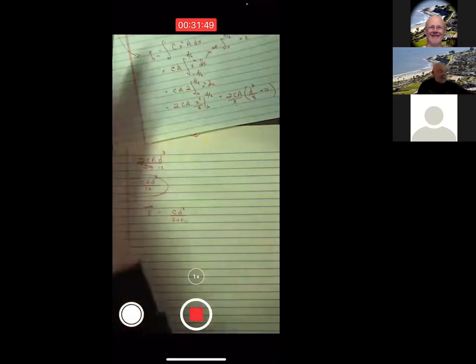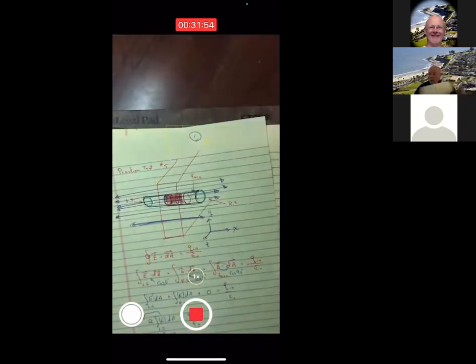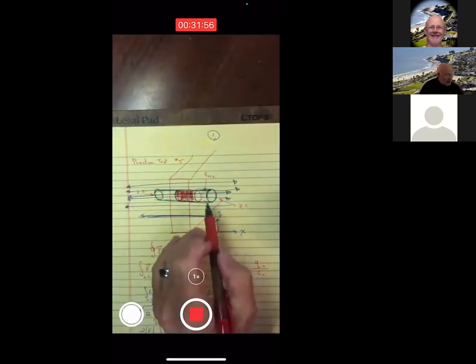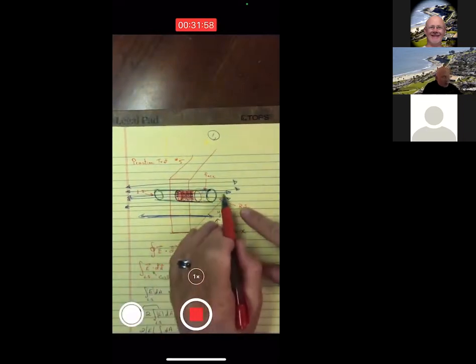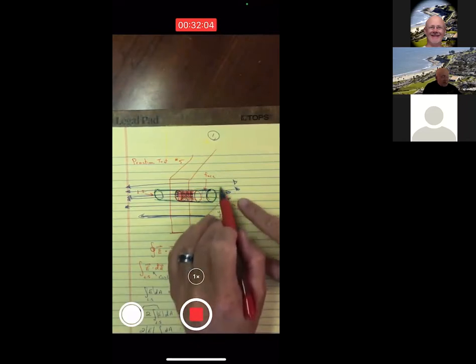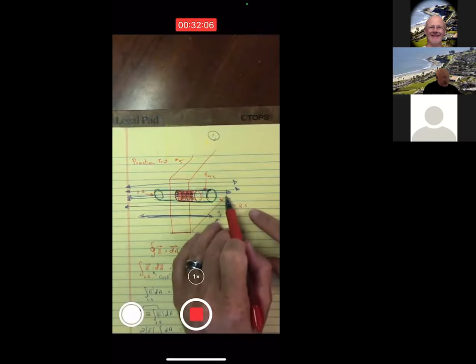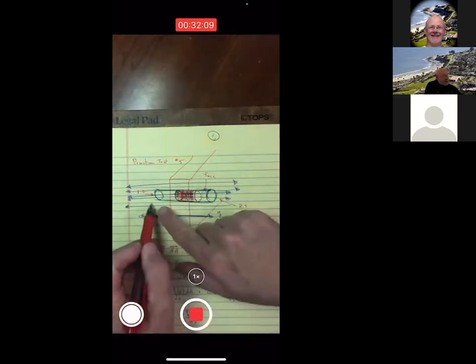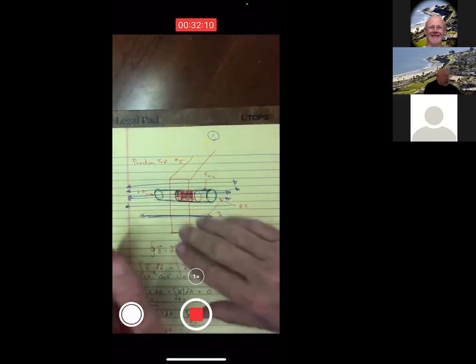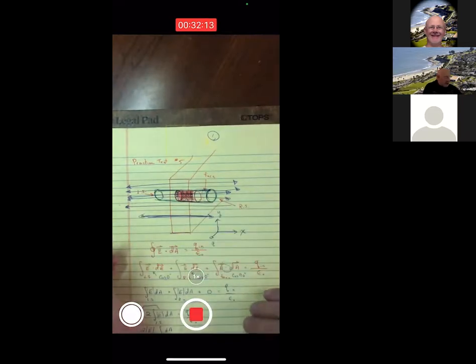And let me come back to the picture that I drew here on page 1. We argued that the electric field would point outward if our charges were negative. So that means it would point in the positive direction on the right-hand side, and it would point in the negative direction on the left-hand side.